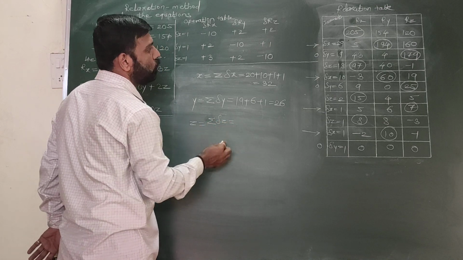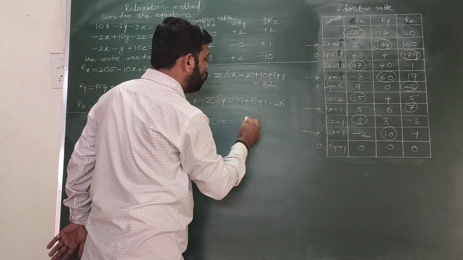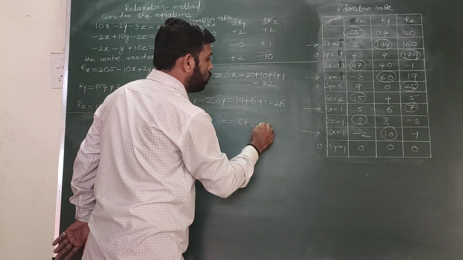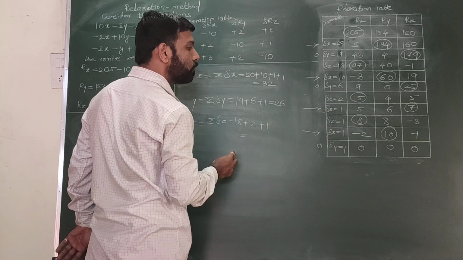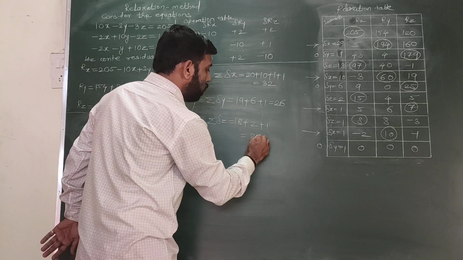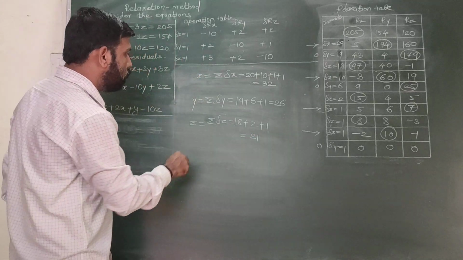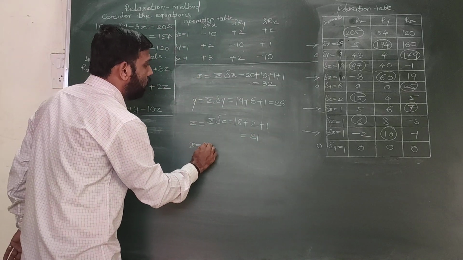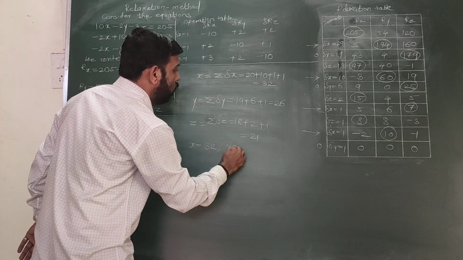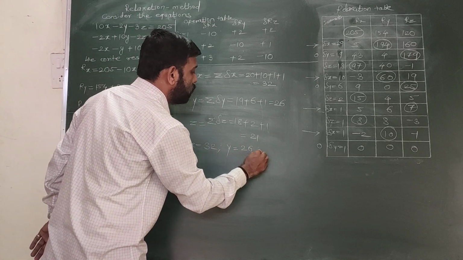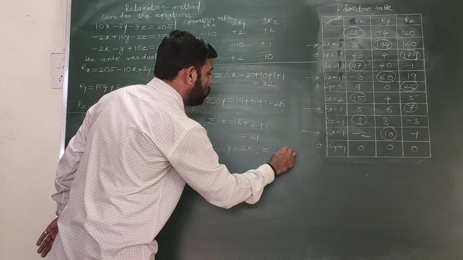Delta z equals to the remaining, 18, 2, plus 1, 21. So the values of unknowns are x equals 32, y equals 26, z equals 21.